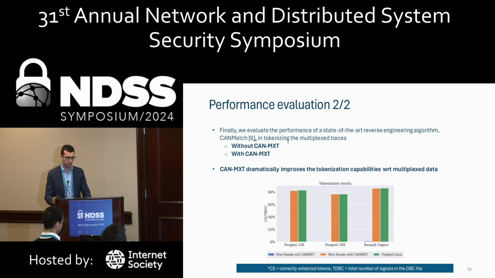We can see that CAN-match, one of the state-of-the-art reverse engineering tools, basically never managed to address the correct tokenization of multiplex data by itself, but thanks to CAN-MXT, it achieves performance very similar to its performance on the original trace, without multiplexing.